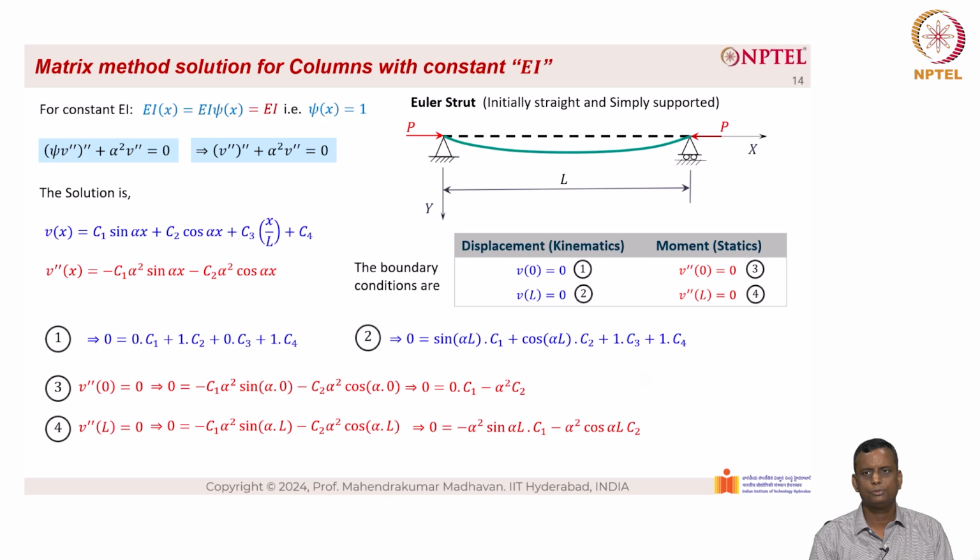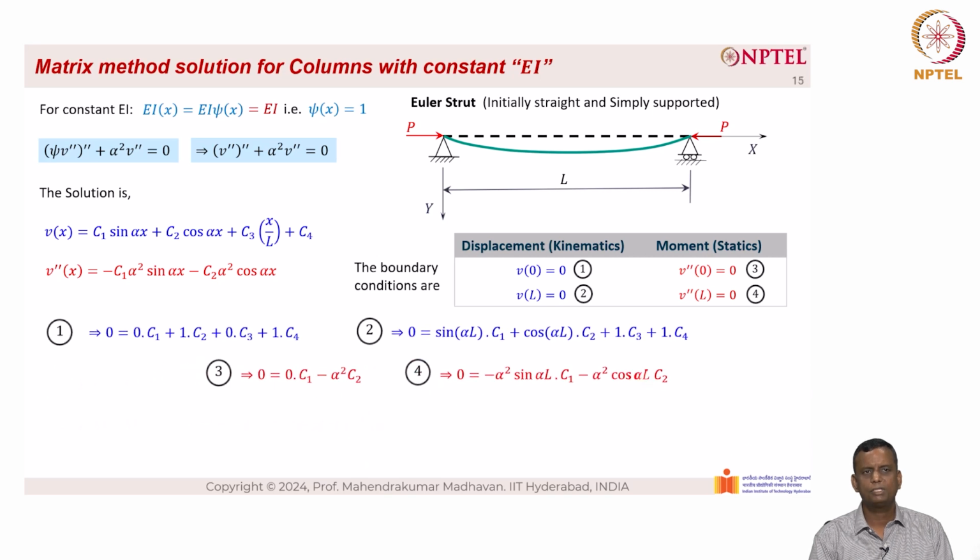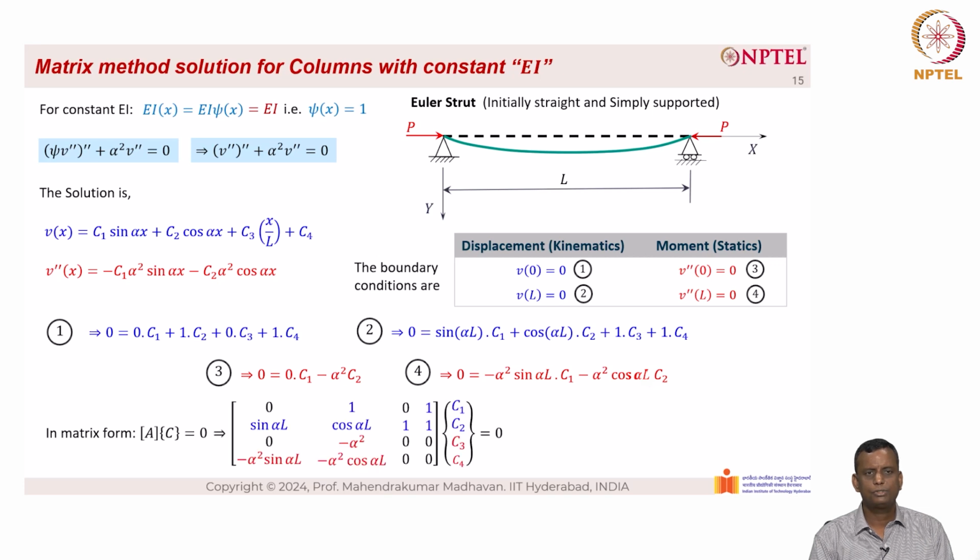Now we have 4 equations, 1, 2, 3, 4, and we can express them in the matrix form, A into C equal to 0. So when we express that, in the top row we have 0, 1, 0, 1. The second row we have sin alpha L, cos alpha L, 1, 0. The third row we have 0, minus alpha square, 0, 0.